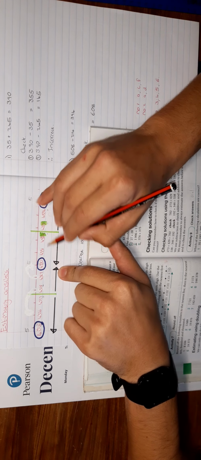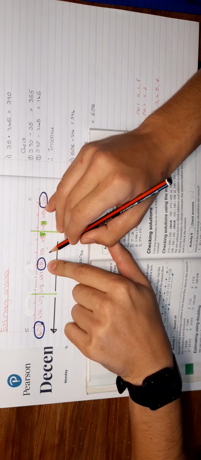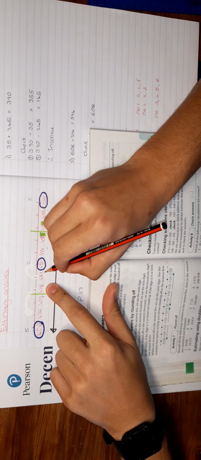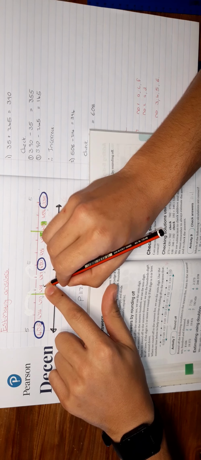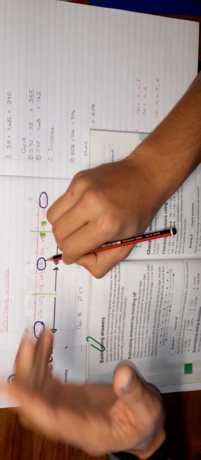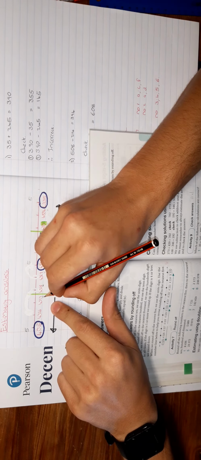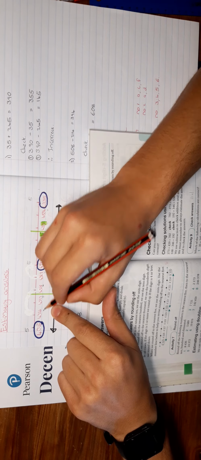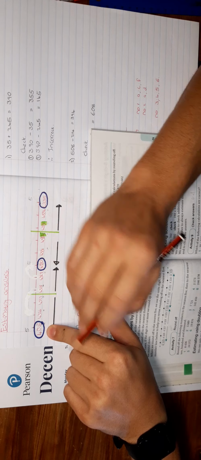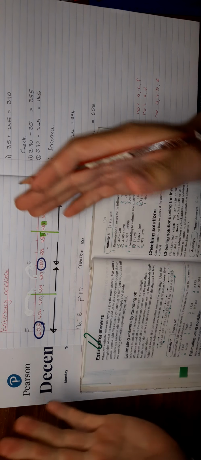When we have a 2 and a 1, we round down to the nearest 5. You understand? So let's say we have a 9 and an 8 at the end. The units is an 8 or a 9. Then we round up to the next 5. But when we have a 7 or a 6, which is smaller, we go to the smaller 5. So this is actually very straightforward, very easy.